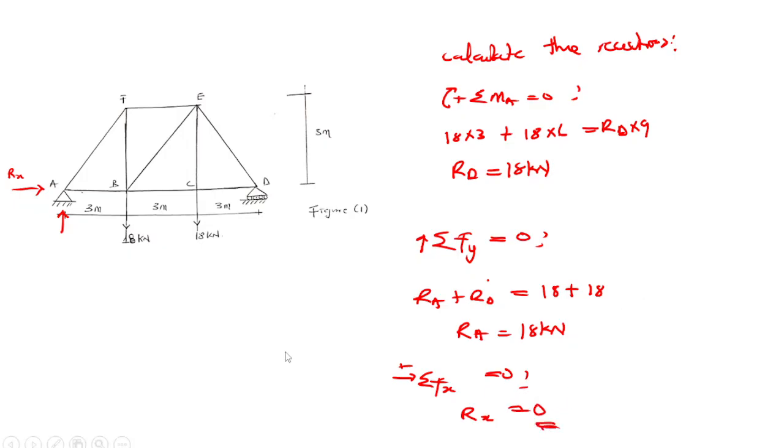We analyze the joints just like we did in the previous virtual load. If I take, for instance, joint A, that's 18 kilonewton, and this is FAB, and this is FFA, right?